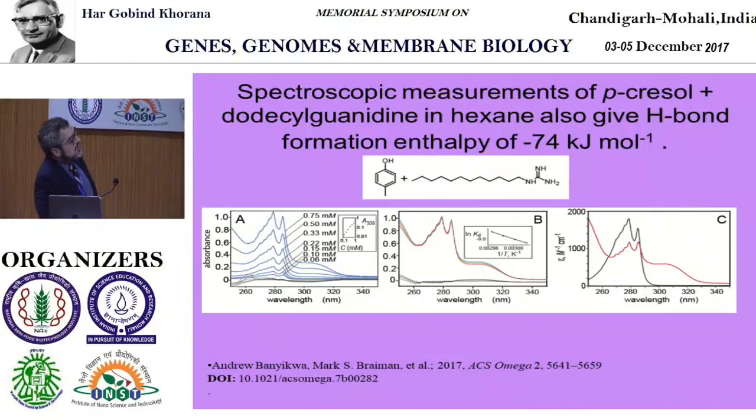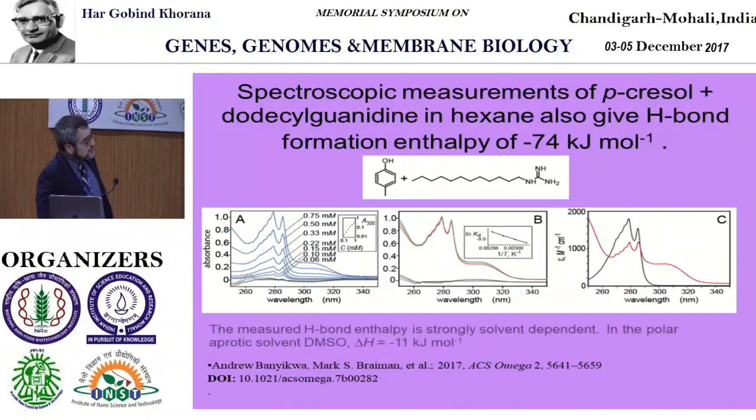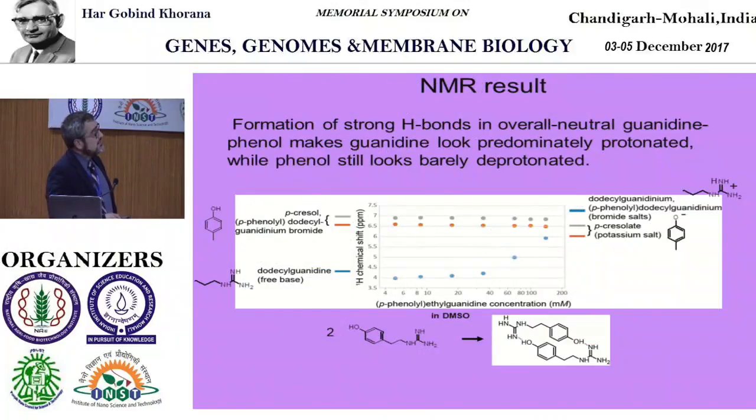So again, this structure represents the H-bonded structure that I showed previously. So the H-bond enthalpy is so strongly dependent on the solvent. In the polar DMSO solvent it's only minus 11 kilojoules per mole, but using the Van 't Hoff plot here, we get a value of minus 74 kilojoules per mole, which matches the computed value.